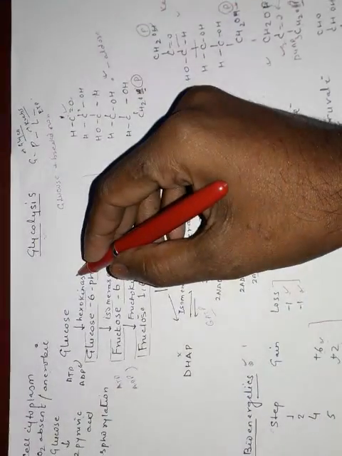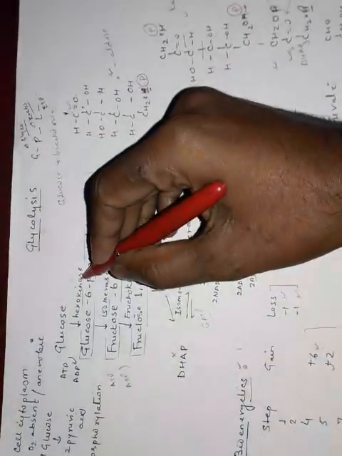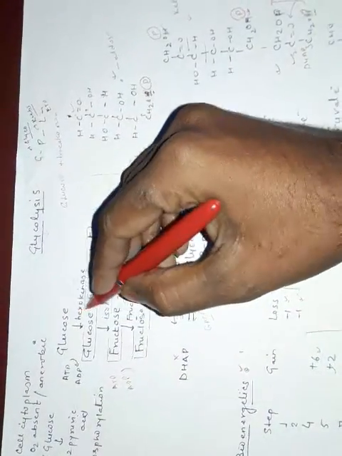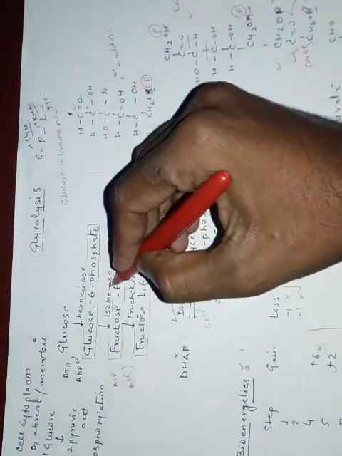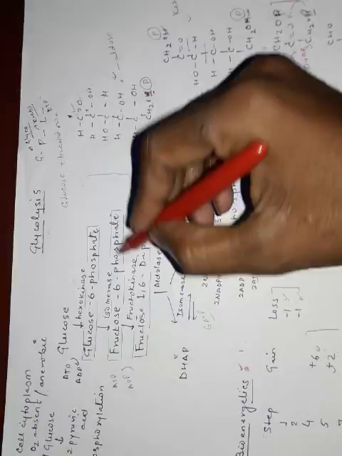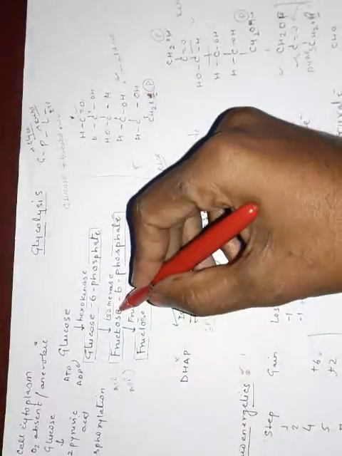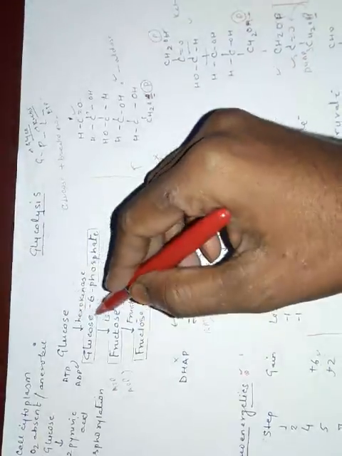Then the enzymes: I have mentioned that kinase is involved when a phosphate group is attached. Glucose is a 6-carbon sugar, so hexokinase is involved, isomerase is involved, kinase is involved. Since here the phosphate group is attached to fructose, the enzyme is named fructokinase. Fructose में जुड़ने जा रहा है तो fructokinase, glucose में जुड़ने जा रहा है तो hexokinase या glucokinase you can say.